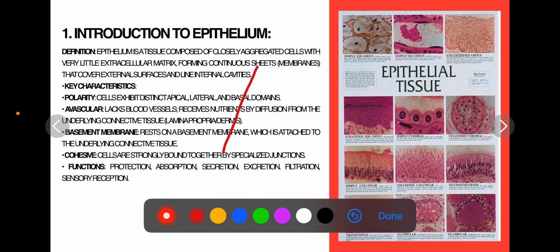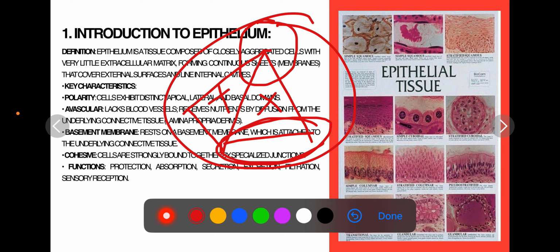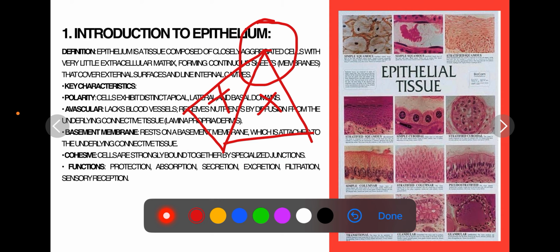So let's suppose that this is an epithelial cell. It looks like a pyramid. I'm trying to draw it for you here. So here, this is called the apical domain. Here, this is called the lateral domain, and here this is called the basal domain. Okay, so there are three domains of polarity in every epithelial cell.